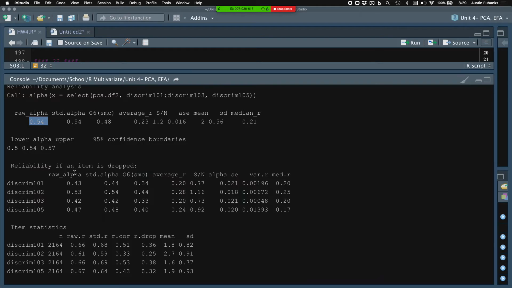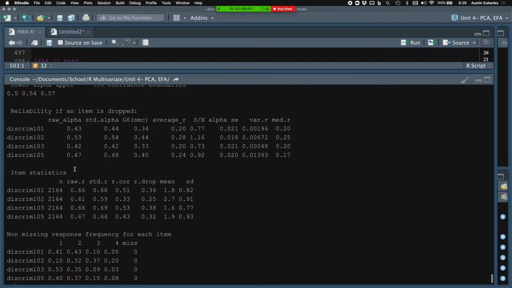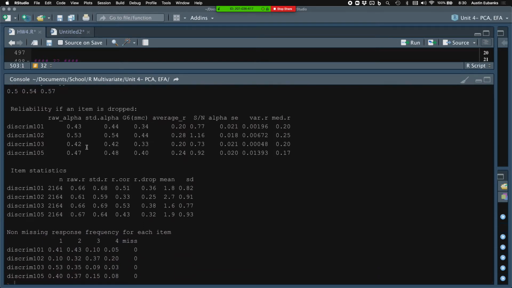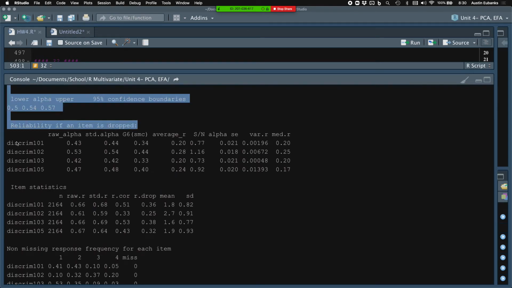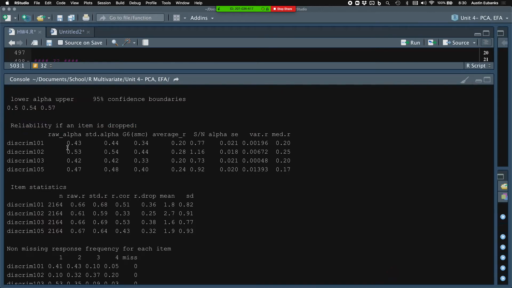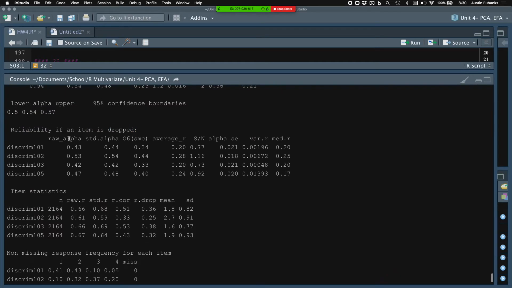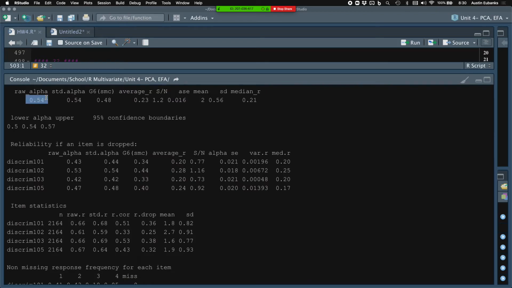The other thing that you'll look into from this output is this section called reliability if an item is dropped. So this is saying our reliability is 0.54. If we removed Descrim 101 from these 4, then the reliability would drop to 0.43. If we remove Descrim 102, it's going to be 0.53.